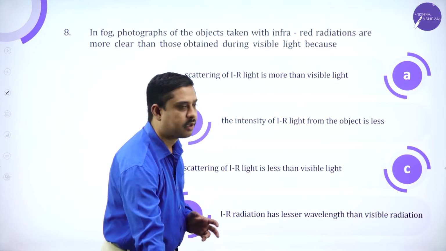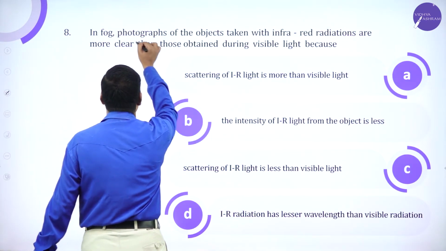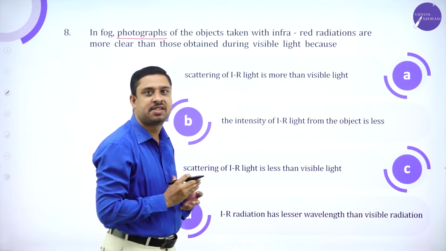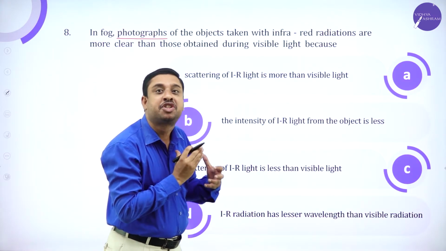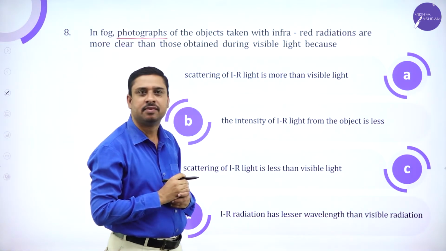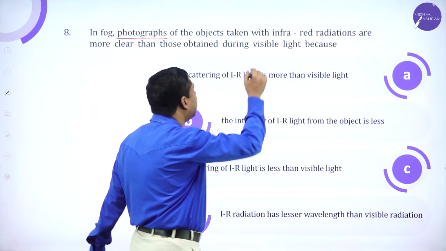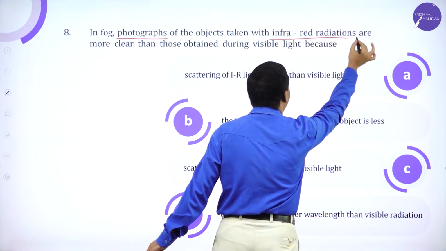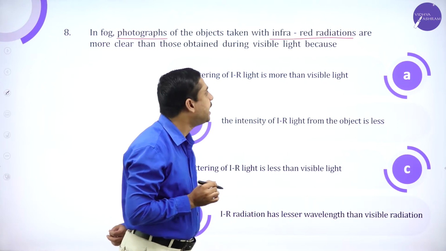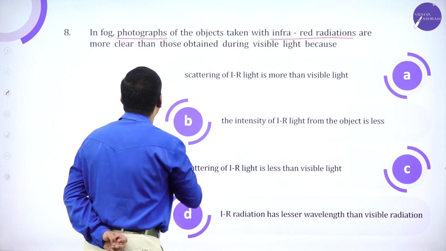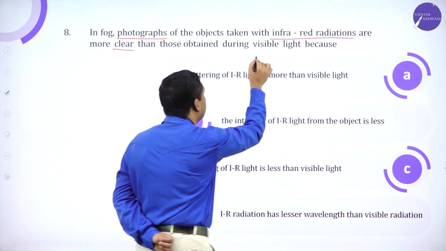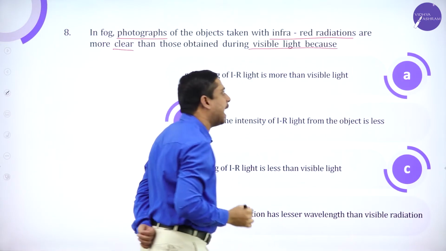Next. In fog, photographs, pictures of the objects taken with infrared radiations, IR radiations, are more clear than those taken with visible light.